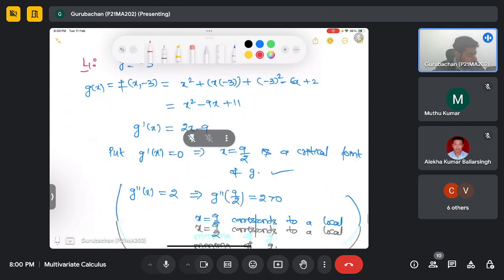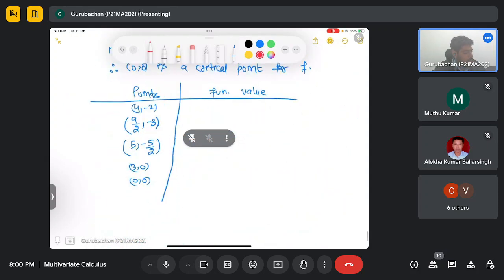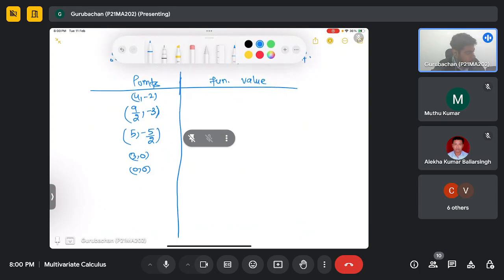We need to include these points also. So the other points are (5, 0), (0, -3), and (5, -3). So we need to compute the value of f at these points.